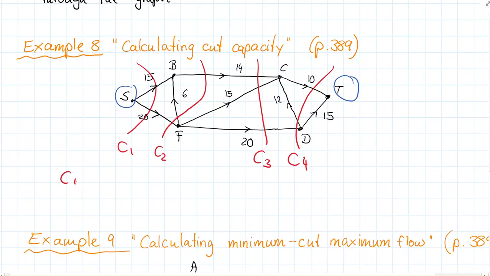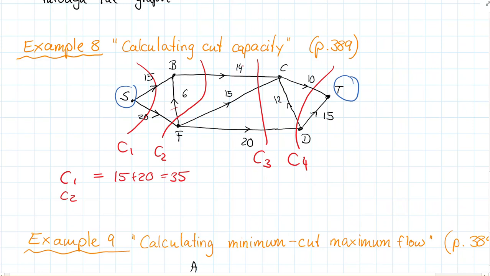If we do cut 1, the capacity would be 15 and 20. So we add those two up, 15 plus 20, that's 35. Cut 2 would cut through here, that's a 14, also through the 6 and through the 20. But let's say we neglect the 6 here because that's the wrong direction. It's not flowing to the sink.